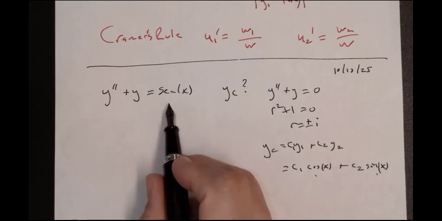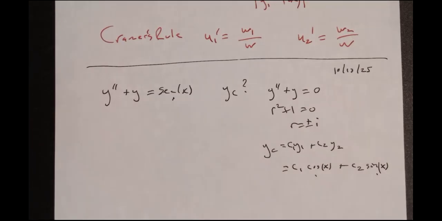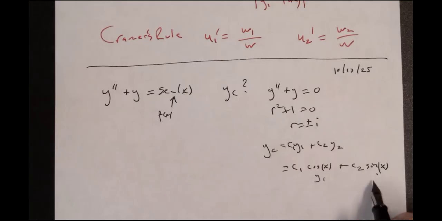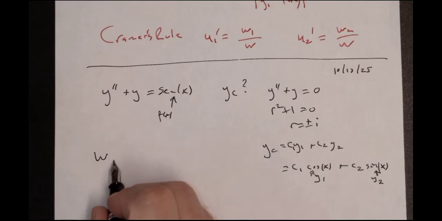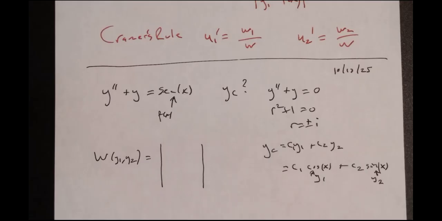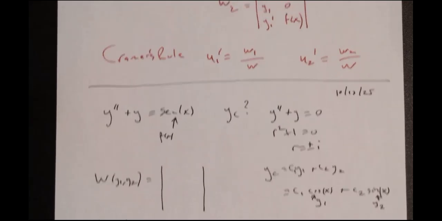Y1, y2, f of x. So I need the Wronskian for y1 and y2. I'm using the formulas that were at the top of the screen right here.